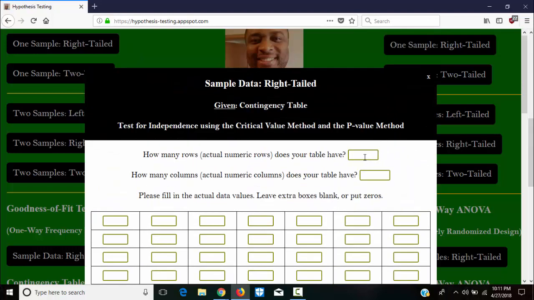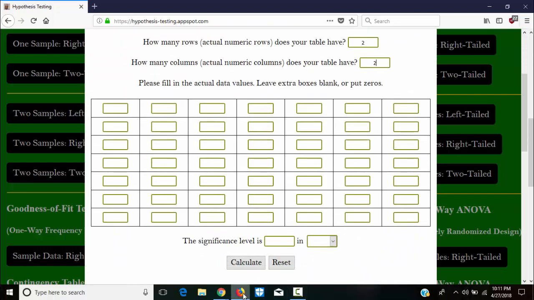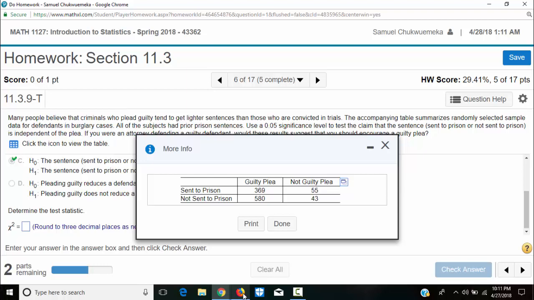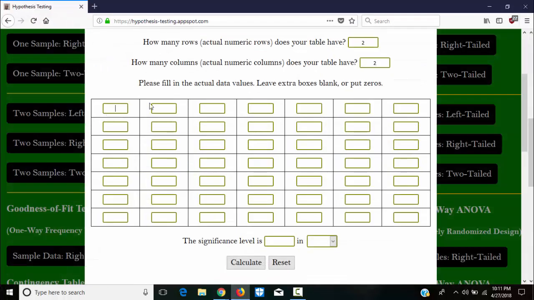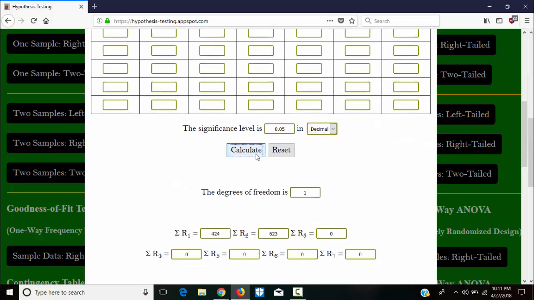So this is 2 rows, 2 columns: 369, 55, 580, 43. And that is 0.05 in decimal, or you can put 5 in percent.